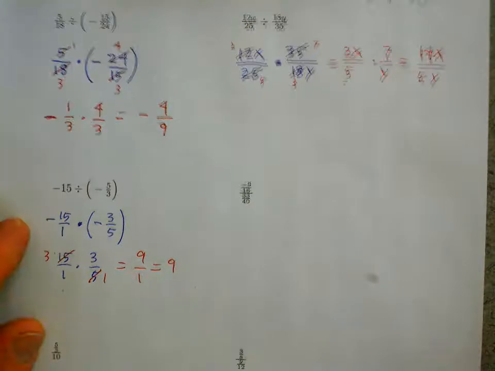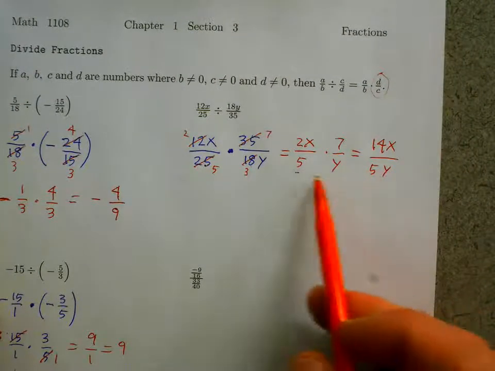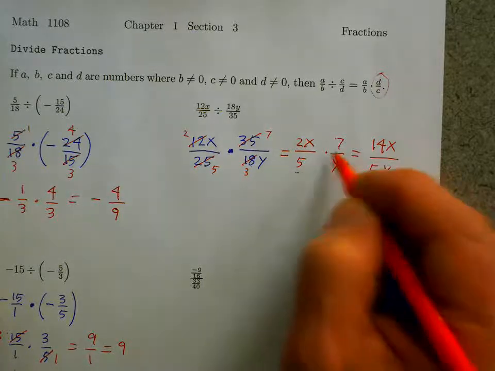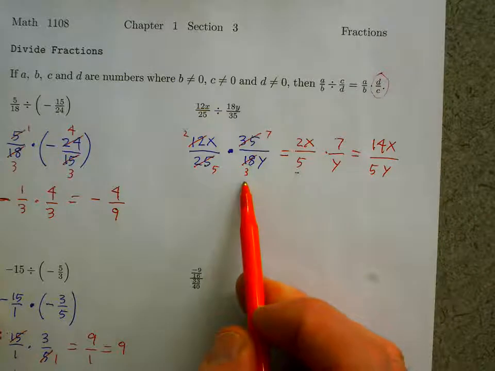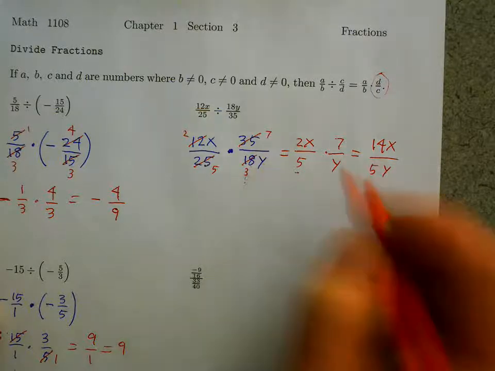Okay, it was pointed out that I made a mistake in this problem up here. It should be 3y, 3 times y.